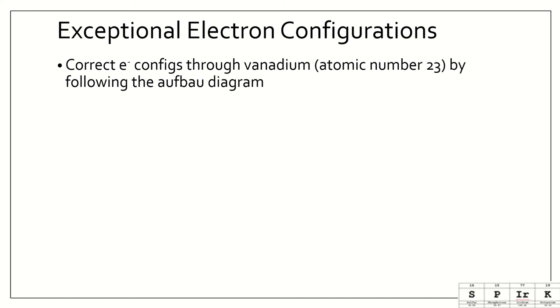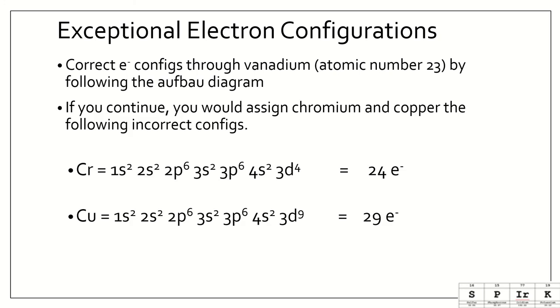So correct electron configurations through vanadium, which is atomic number 23, can be drawn by following the Aufbau diagram. However, once you go past there, if you continue, you would assign chromium and copper incorrect configurations. Chromium has 24 electrons and copper has 29.